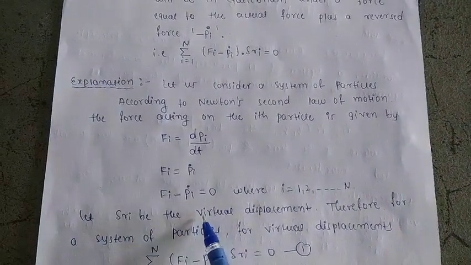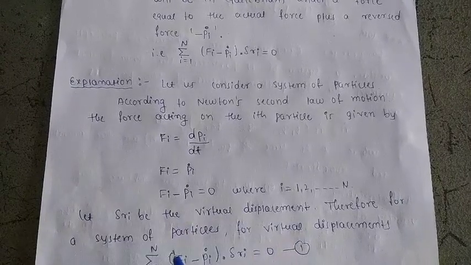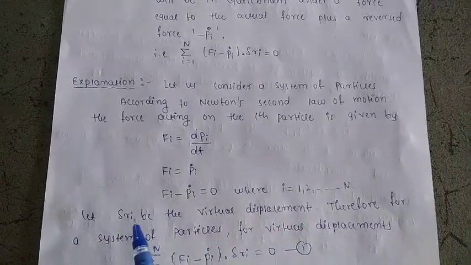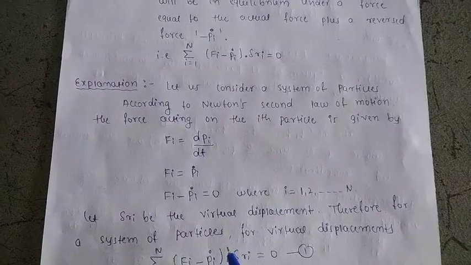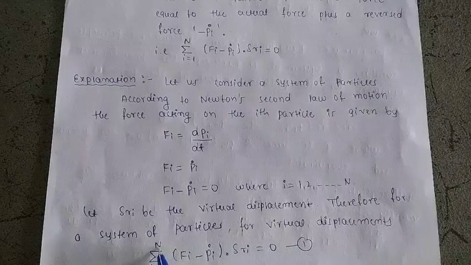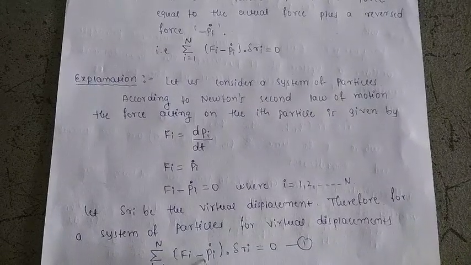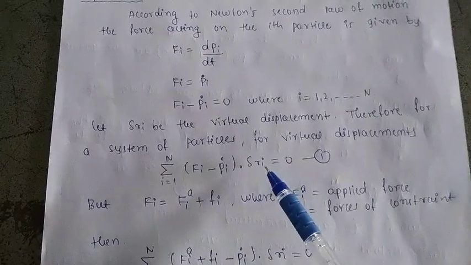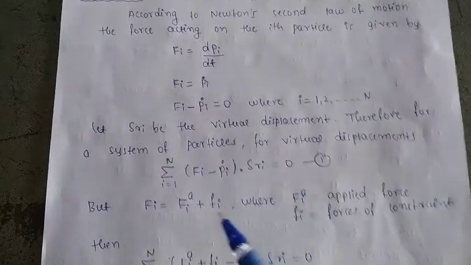We can say that this small displacement is the virtual displacement. Therefore, for the system of particles, for a small virtual displacement, taking the summation over i equal to 1 to n, (F_i minus p_i dot) delta R_i is equal to 0.